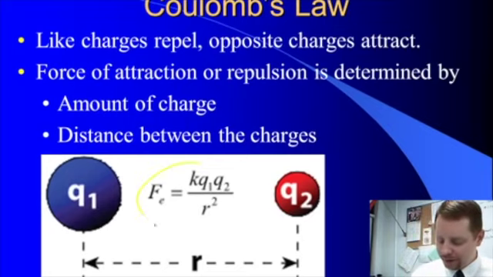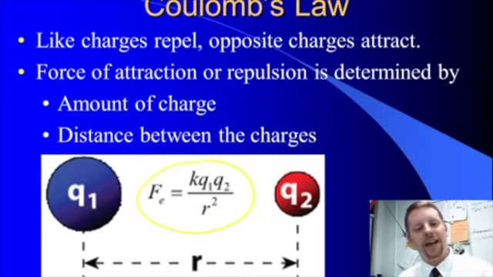So our formula is the electrical force, Fe, equals K, a fudge factor, a constant, times charge 1, Q1, times charge 2, Q2, both of those in coulombs, divided by the square of the distance between them, r squared, in meters. So let's see how this looks.